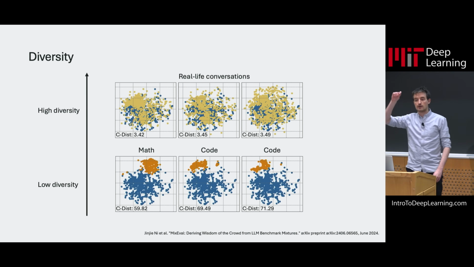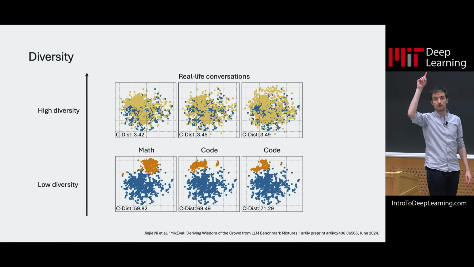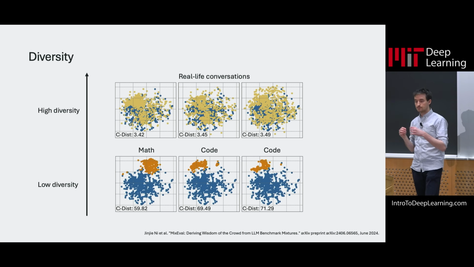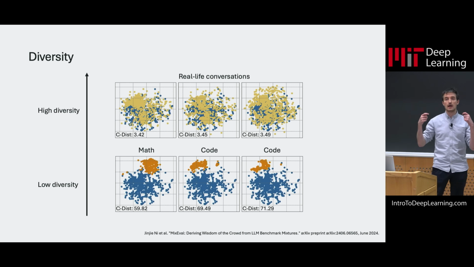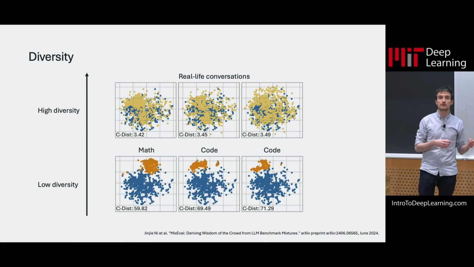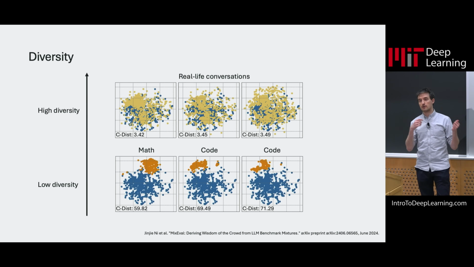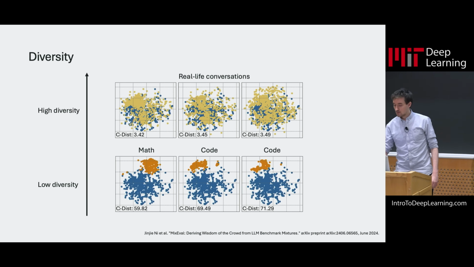But this is not the case if you zoom in on a math dataset or the 2 code datasets here. You see that they're really in a single region. So if you want to create a math LLM, then okay, maybe math is all you need. But if you want to create a general purpose LLM, then you cannot just have math and code. You will need more to increase the diversity.